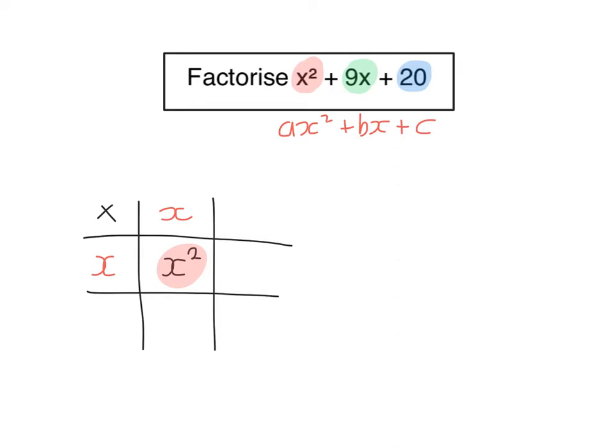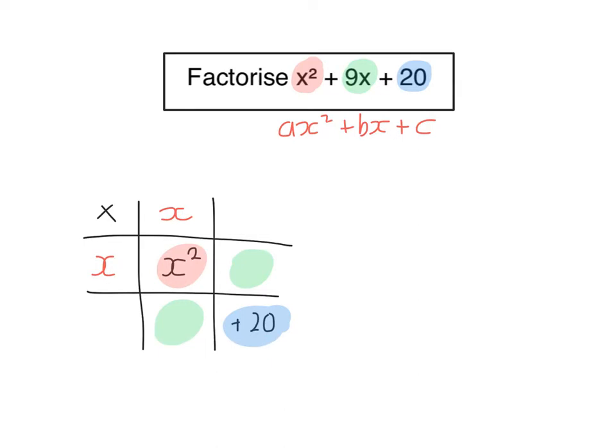I also know that this is going to be 20, because that was our blue number. We realise that it goes into the bottom right corner. So the things that I'm missing are the green spaces that I've highlighted here. But what I do know is that when I times this one times this one, I'll get 20. So two numbers that times to give 20.